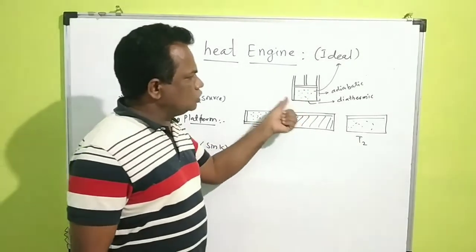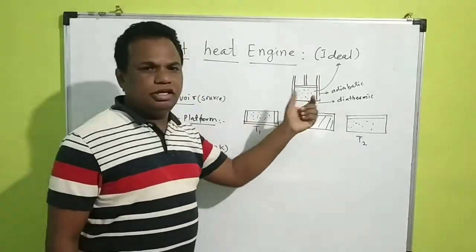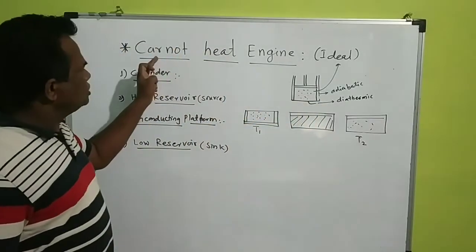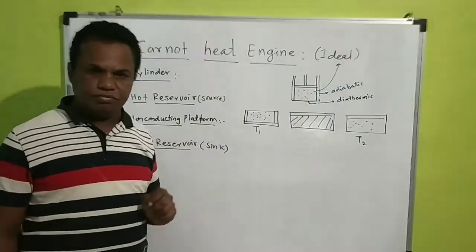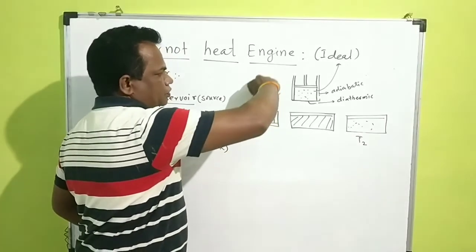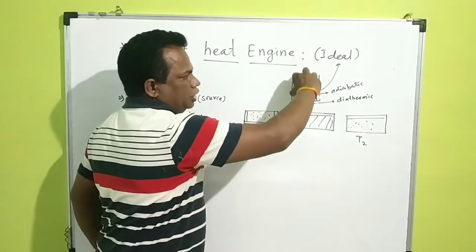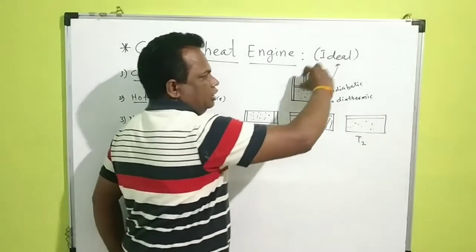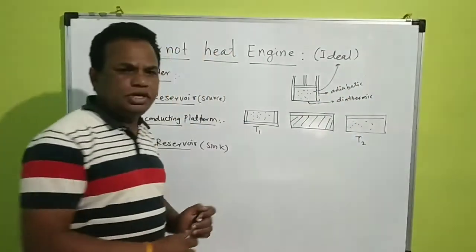And this total cylinder behaves as a working substance of heat engine. What it does, it takes the amount of heat from the hot and converts into mechanical work, and then remaining amount of work is given to the sink.